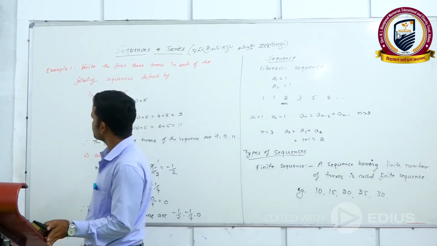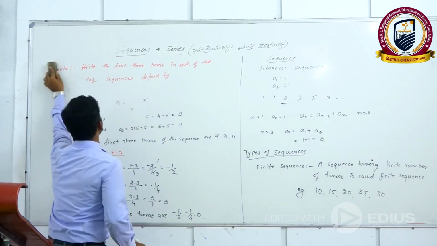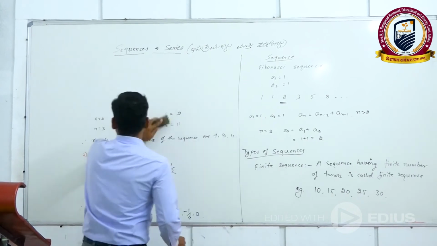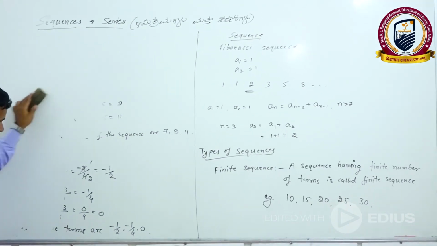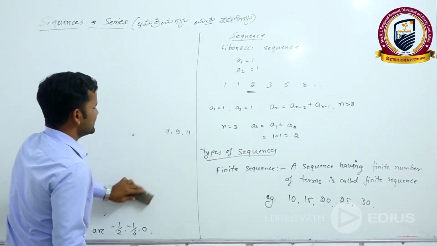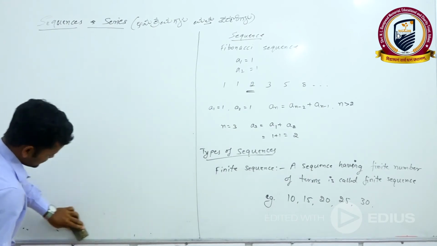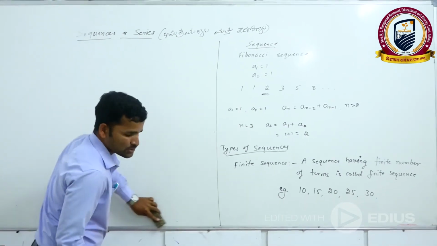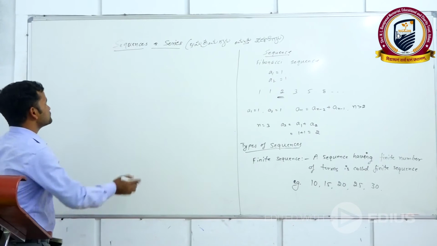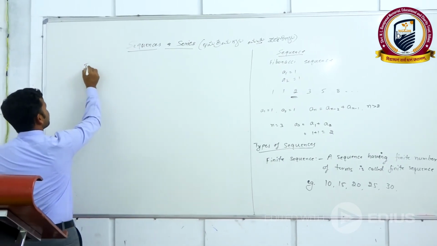Now let me go with the second one, that is infinite sequence. The name itself says infinite, means an indefinite number of terms are there in that. Means there is no end for the counting. Infinite sequence.